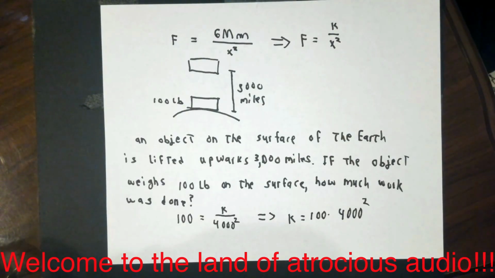As with Hooke's law, the statement that when you're on the surface of the Earth, the object weighs a certain amount allows you to figure out what the k is. I'm going to leave the k in that form.